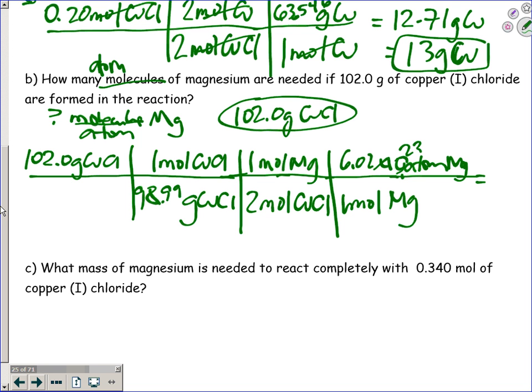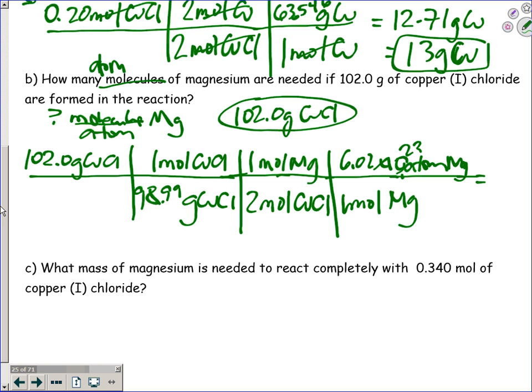And drum roll in 3, 2, 1. Alright, answer. Did anybody else get 6? Hold on. Double check your calculation. I think you multiply by 2 and that's divided by 2.